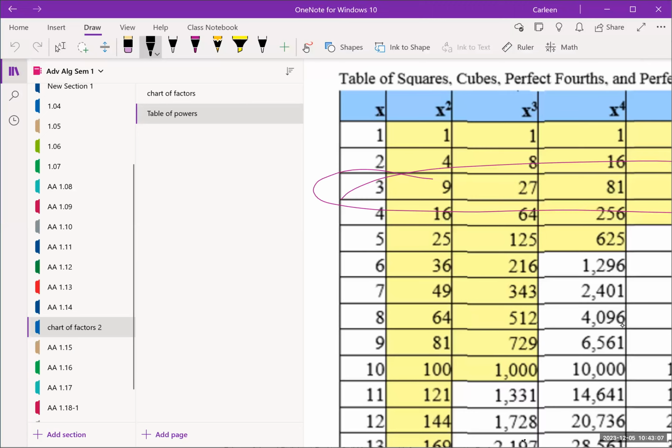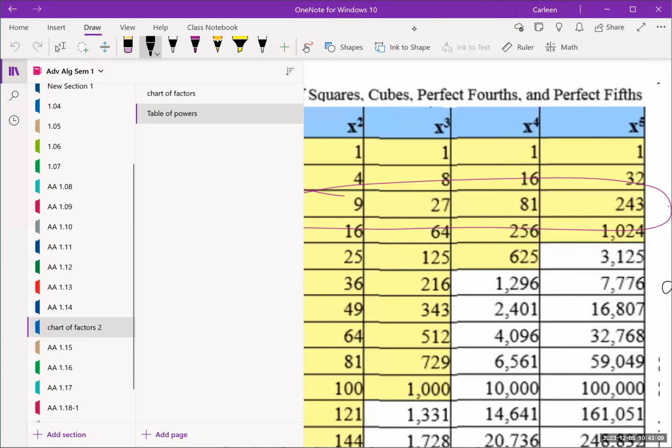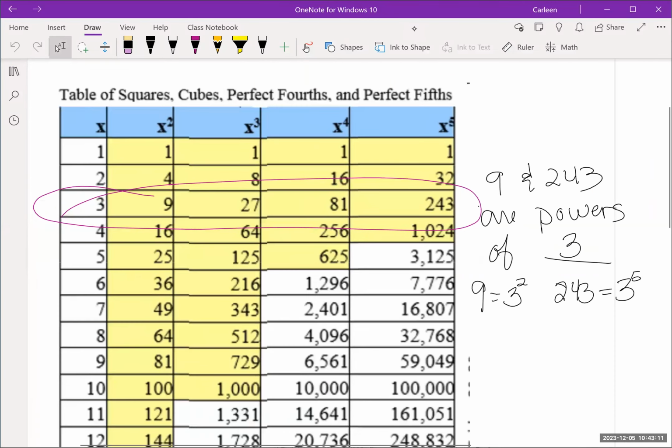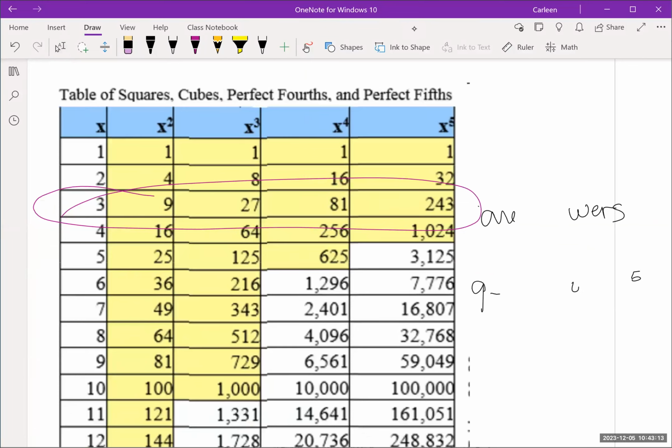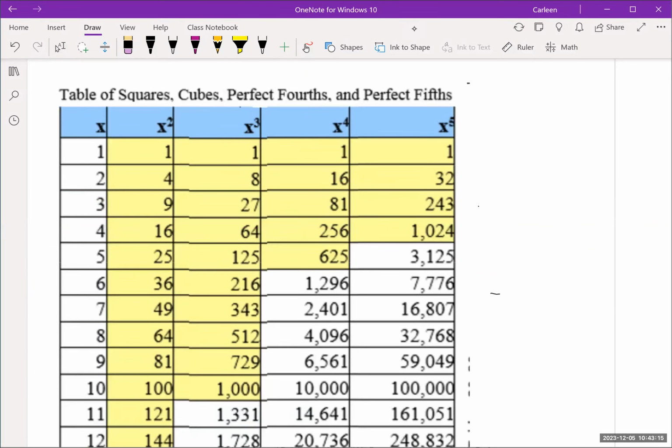And I notice that 243 is 3 to the what power? Fifth? Yeah, 3 to the 5th.